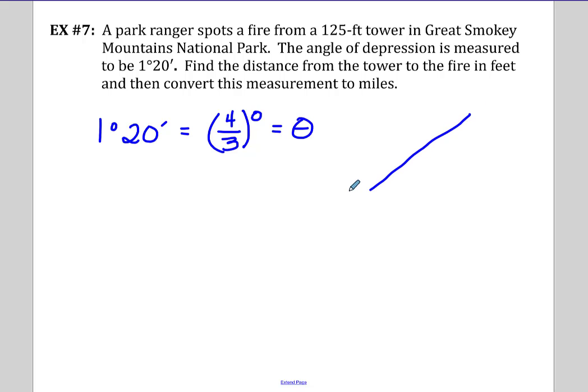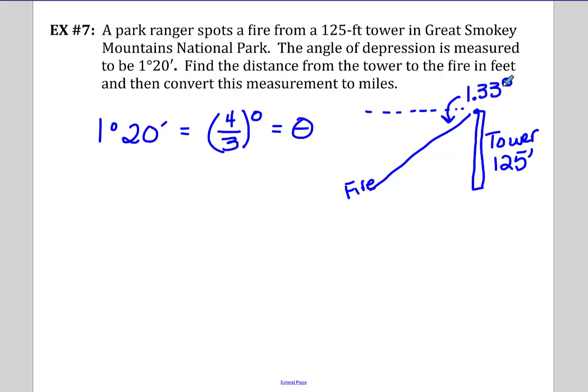So the picture here, if you have a fire here, and we're looking from the horizontal, this is our tower. We're at the top of the tower. It's 125 feet tall. We're looking through this angle, and it's 1.33 repeating degrees, which makes this angle down at the bottom 1.33 degrees, right?